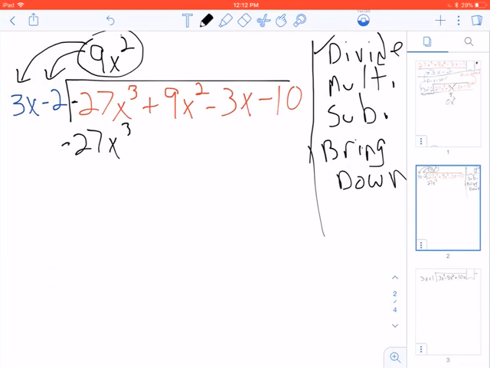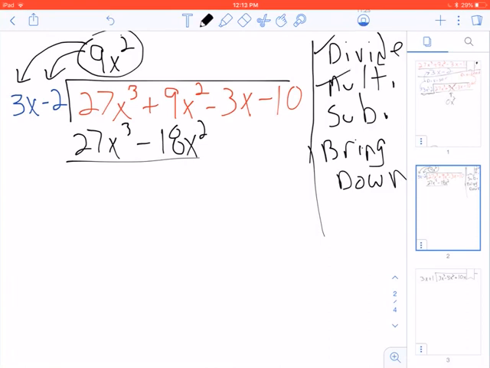Otherwise, we did our division incorrectly. If 9x squared is actually the quotient of 27x cubed divided by 3x, then when I multiply it back through, I better get 27x cubed here. The next piece is 9x squared times negative 2, which gives me negative 18x squared.